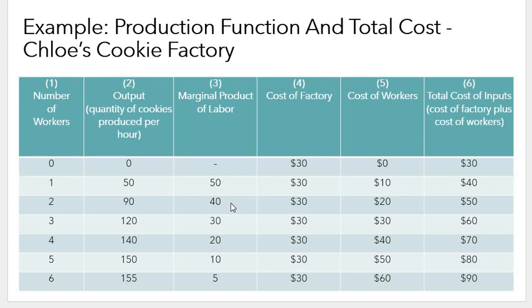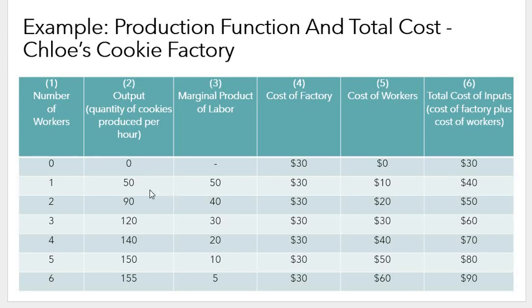If you recall, in chapter 1, we talked about what is marginal. Marginal means additional. So marginal product of labor is how much additional output we get from one additional worker.